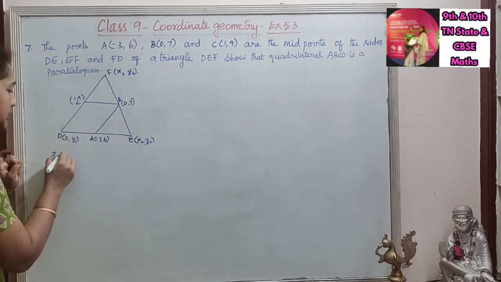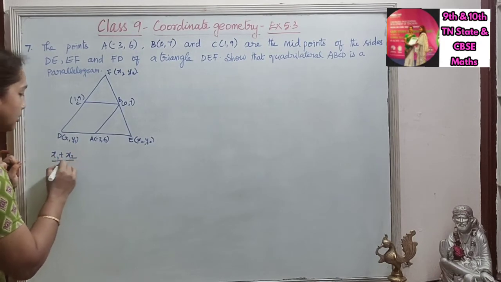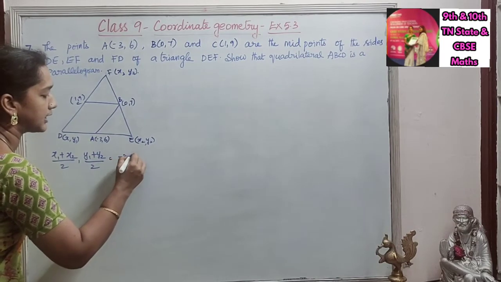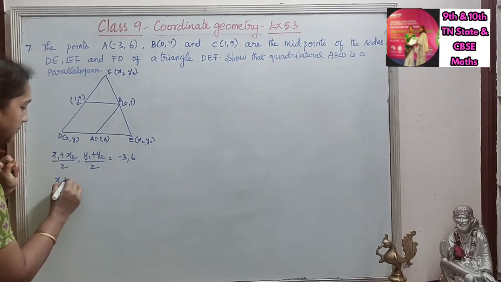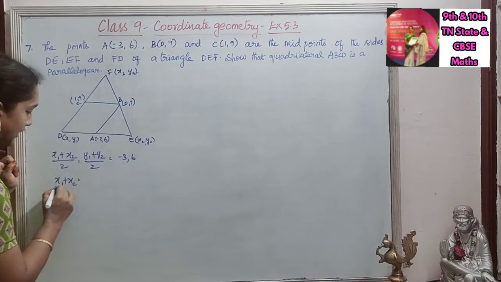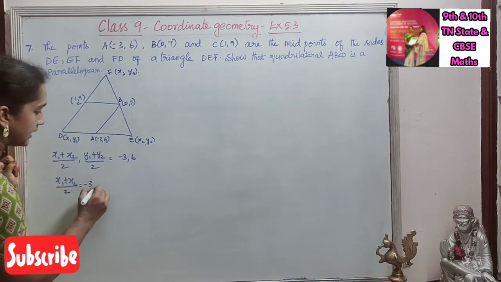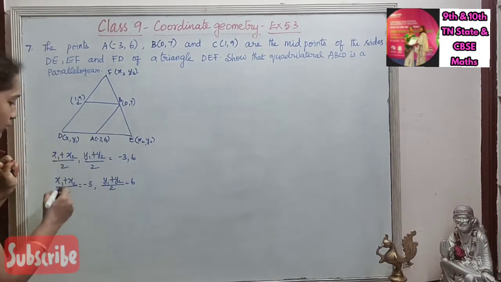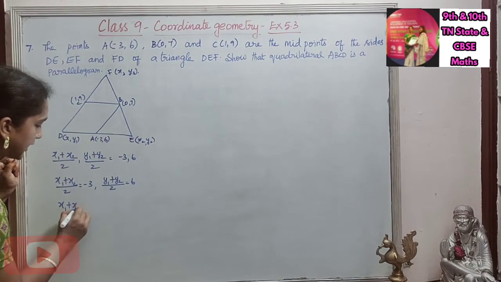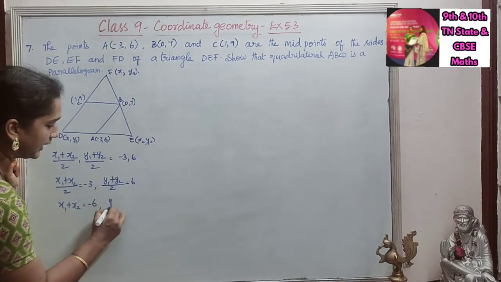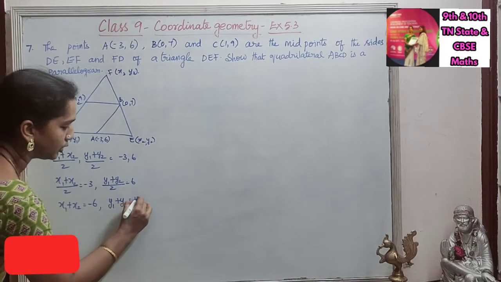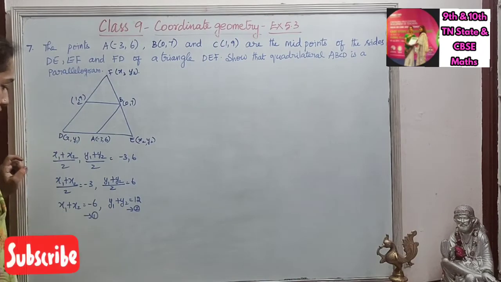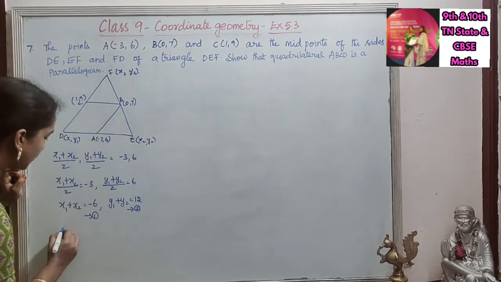So (x1 plus x2) by 2, (y1 plus y2) by 2 is equal to -3, 6. So (x1 plus x2) by 2 is equal to -3 and (y1 plus y2) by 2 is equal to 6. We are equating both of these. So we get x1 plus x2 is equal to -6 and y1 plus y2 is equal to 12. So this is the first equation and this one is the second equation. Now the same way we will do for the other sides also.